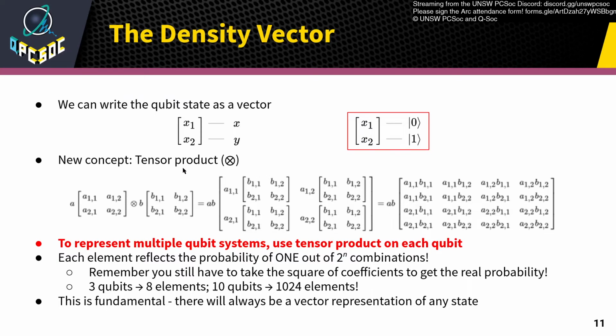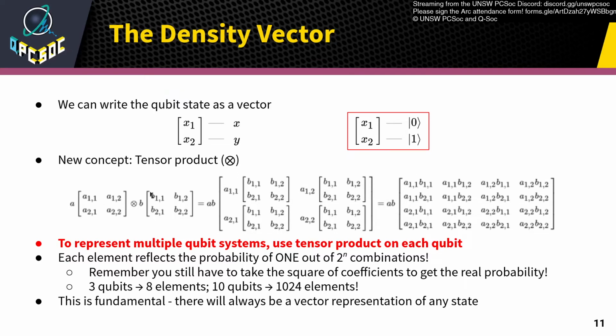Here is a new concept called the tensor product. The tensor product is another way of multiplying two matrices or vectors together, such that the second matrix is multiplied by each element of the first matrix each time. So the same thing will appear 4 times, and the resulting matrix will have dimensions of the first one times the second one.